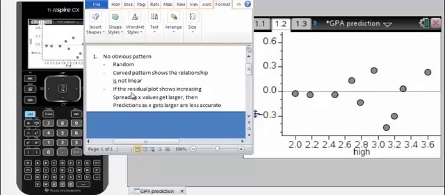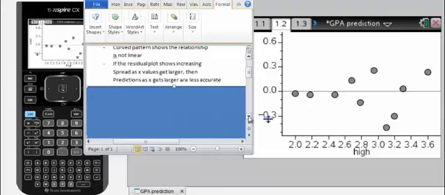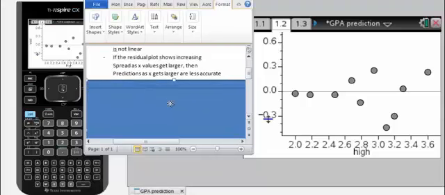This means that your spread is getting larger as your x values are getting larger. So when you're making your predictions around here, you're going to be less accurate, because right around here you have less of a residual, which is kind of like your error. Here there's not that much error, and here there's such a great error. So as your x values get larger, your predictions are going to be less accurate.